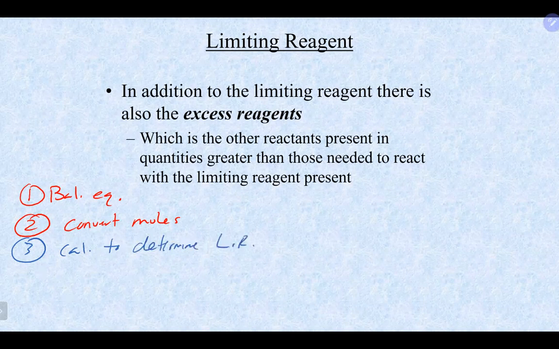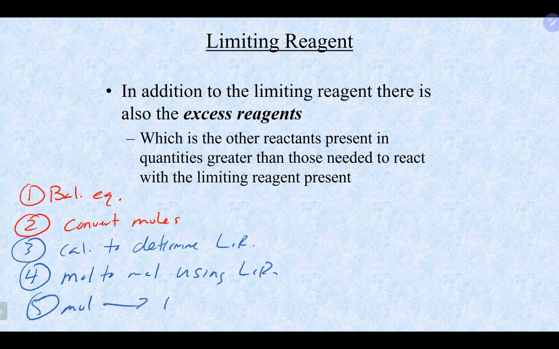And then once we do that, we will pick up like normal. We'll go to the mole relationship using the limiting reagent, and then we'll convert moles to some other unit if necessary.